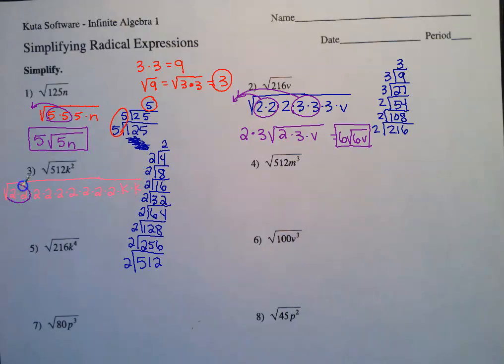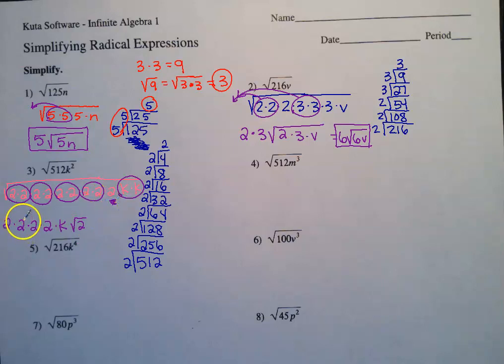Okay, so I have 2 2's. I'm going to bring out another 2, another set of 2, another set of 2. And then I have a set of k's that I get to bring out. Those are the square roots of those, and I have 1 2 left. So I'm going to put the square root of 2 with just that 1 2 right here.